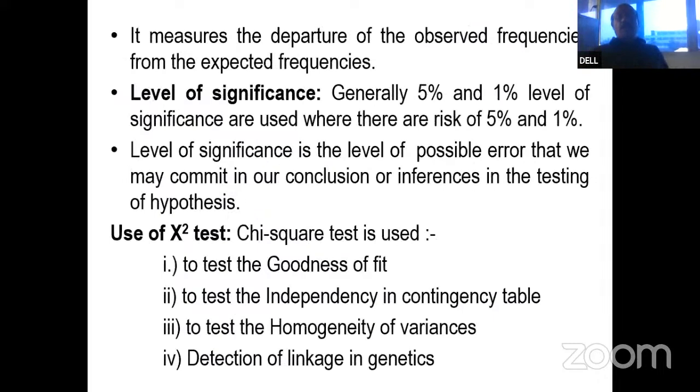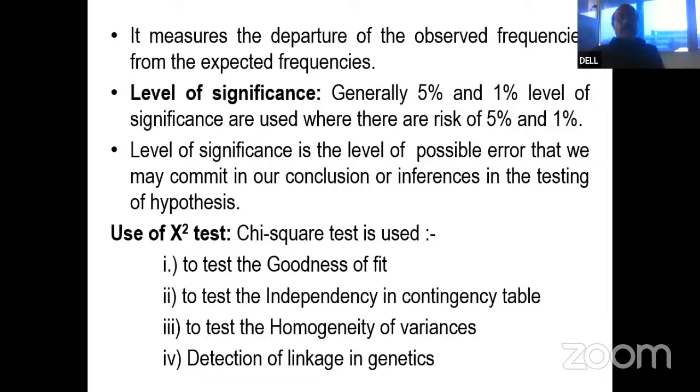The level of significance is usually 5%, 1%, or 10% in general. For life sciences, 1% is usually the best, but for biological sciences, mostly we prefer only 5%.